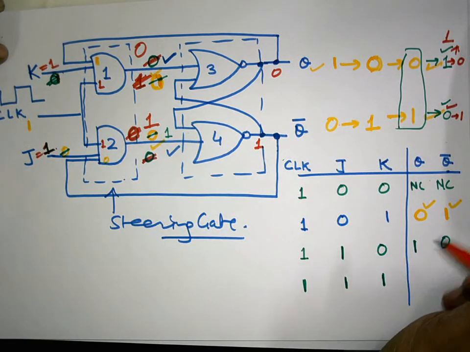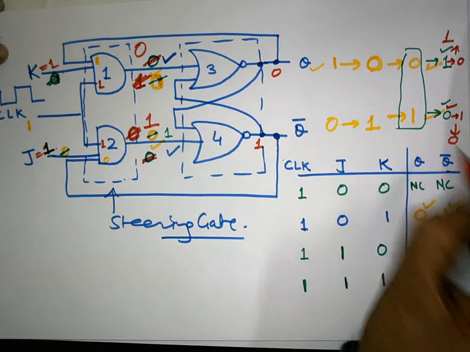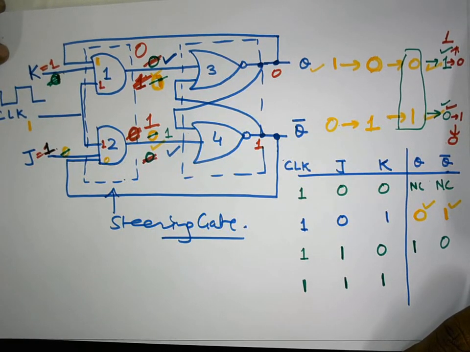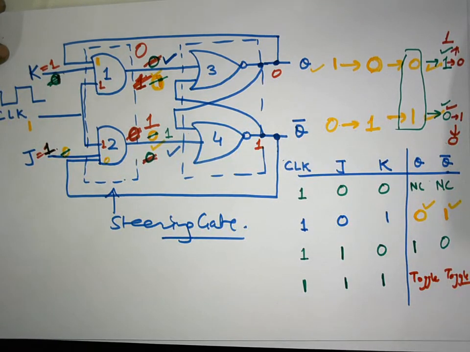Getting? And this 0. This means whatever was the present state, that is complemented. The present state is complemented after the application of the input and clock. Okay, and this condition is called toggling. Output is toggling.